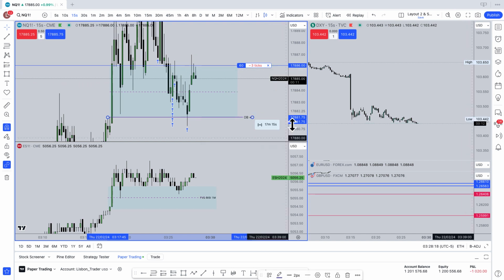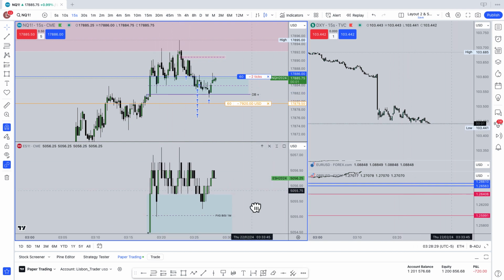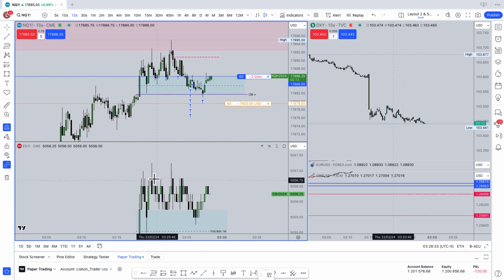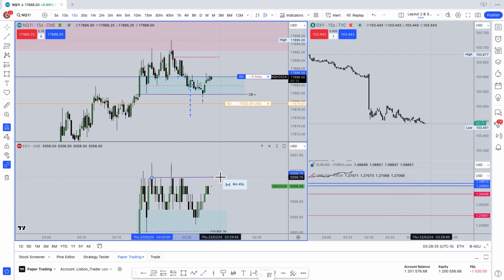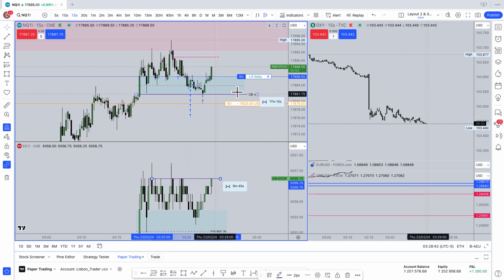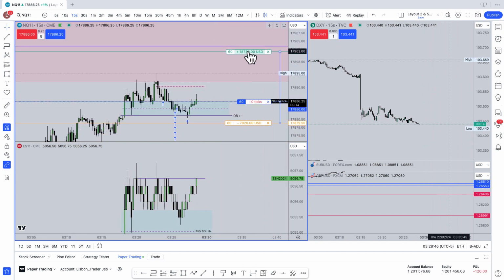There. 1, 2, 3 drives on NQ, potential SMT, but I don't think so because this is too flat here. Should have made a lower low here to push price lower, so let's keep on rolling.